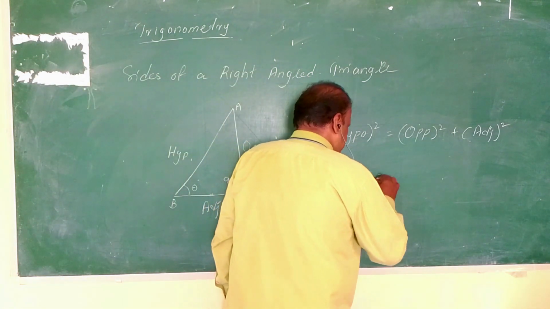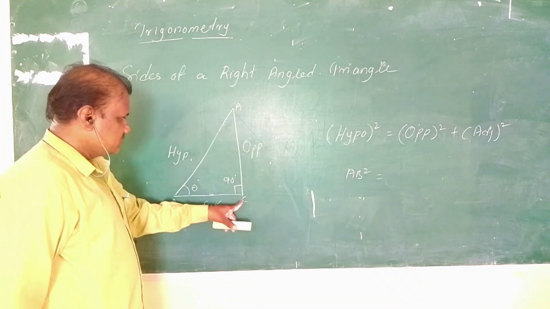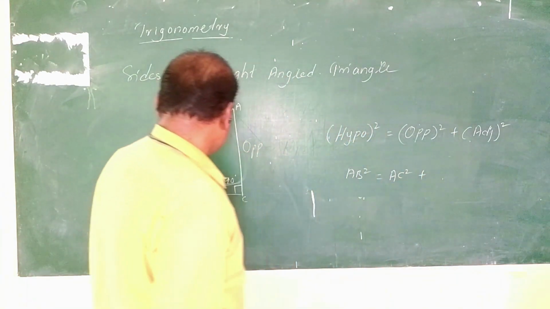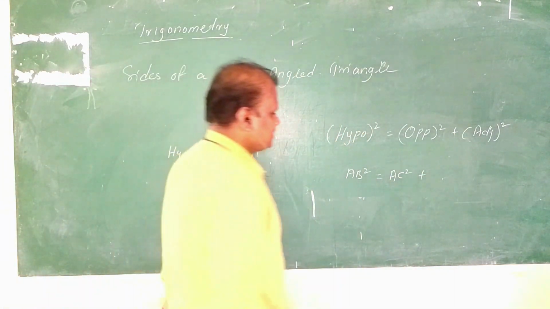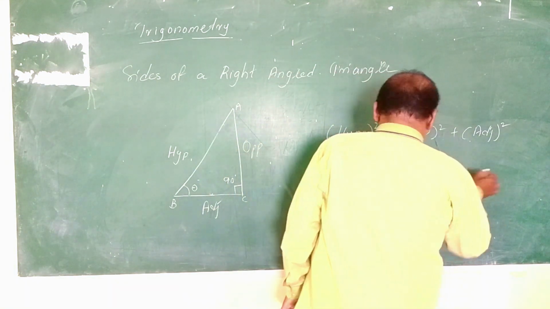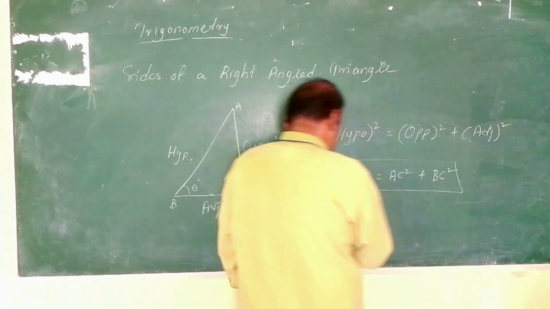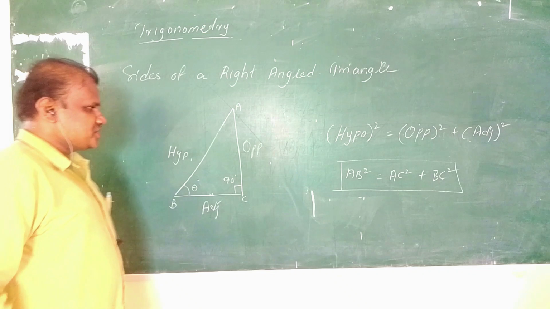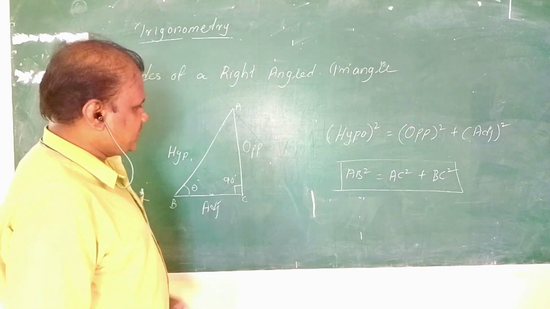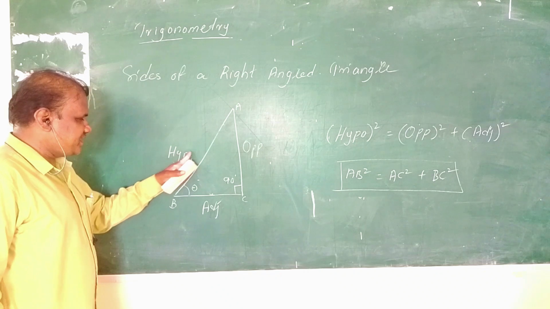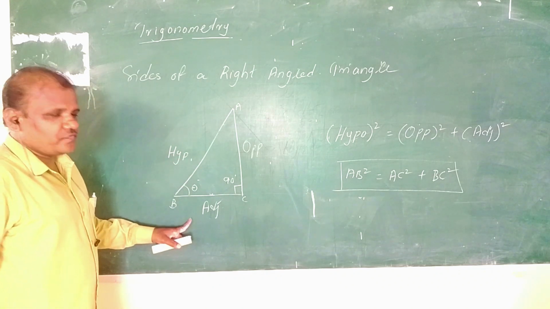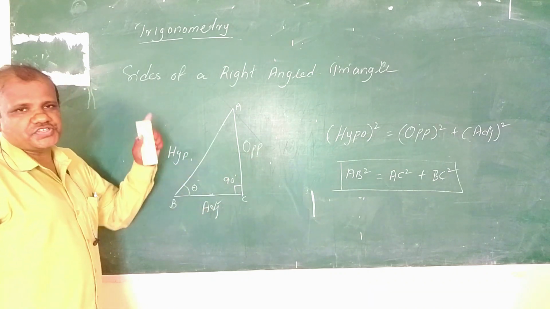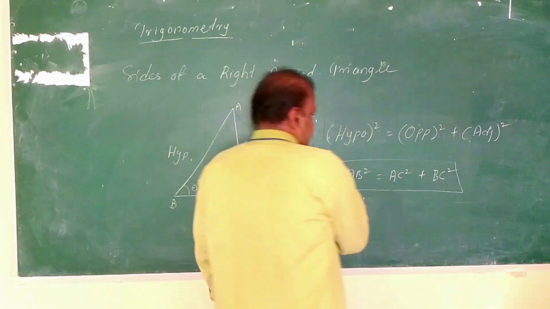Therefore, AB square equals AC square, the opposite side, plus BC square, the adjacent side. This is another relation we will use most commonly in this chapter. According to the Pythagorean theorem, the square of the hypotenuse equals the sum of the squares of the opposite side and adjacent side. So this is the second point.